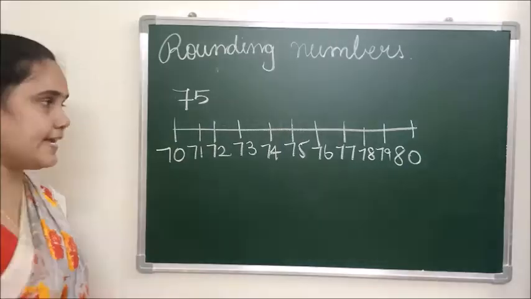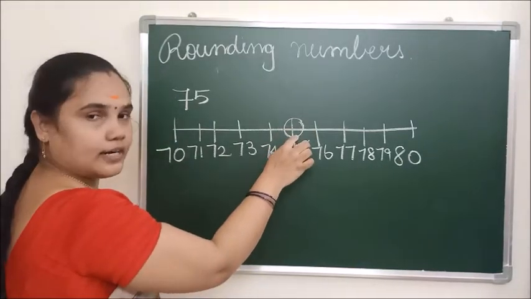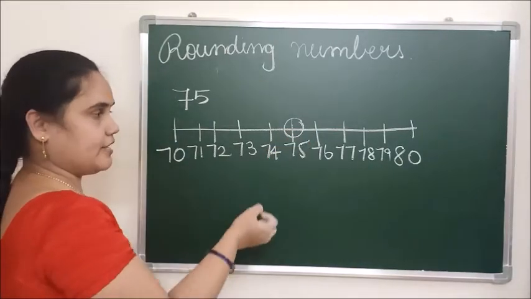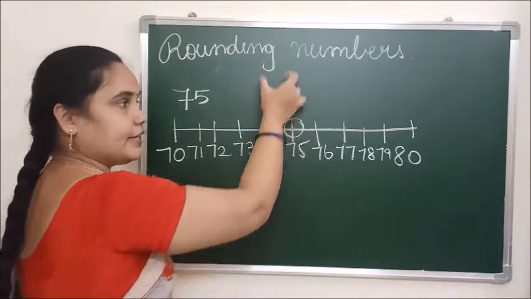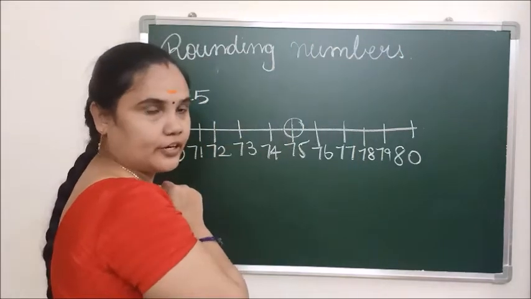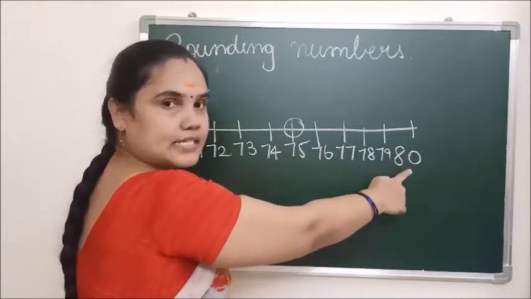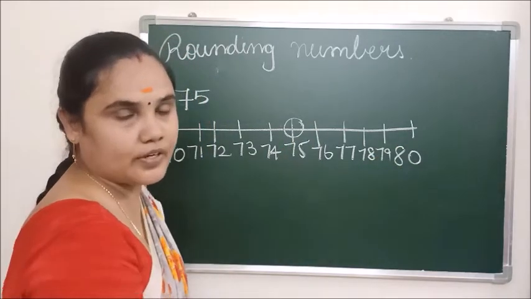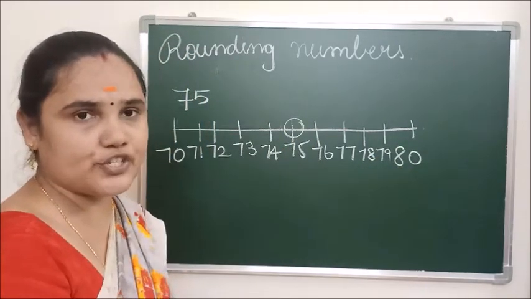Where is 75? Here. Again, we got the middle number, children. So, if we get the middle number, we round off to the next 10, children. Okay. So, it is nearest to 80. Okay. Did you all understand rounding numbers, children?